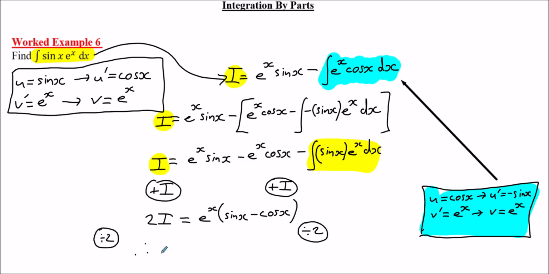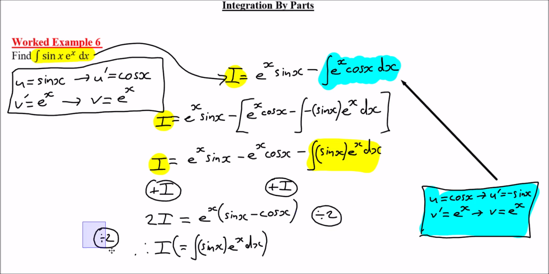So therefore I, which is the integral of sine x e to the x dx, just move this dividing by 2 out of the way so it's not in the way of my answer line. That's going to be just a half of all of this. So it's half of e to the x brackets sine x minus cosine x.